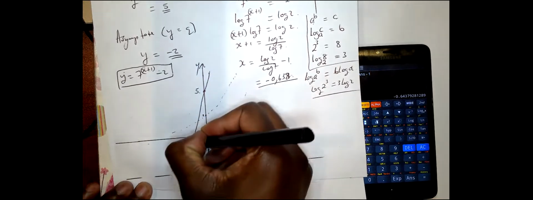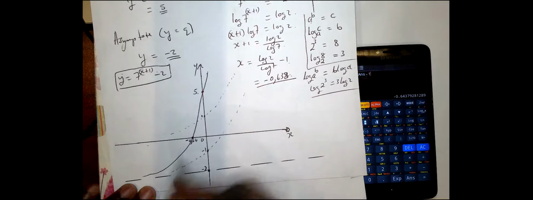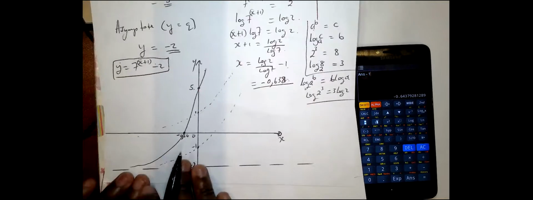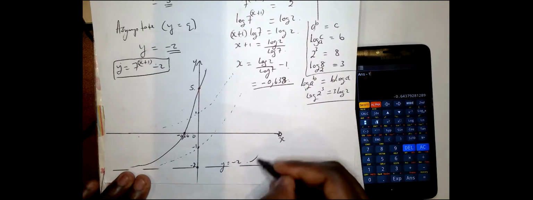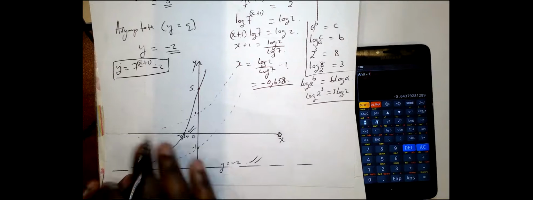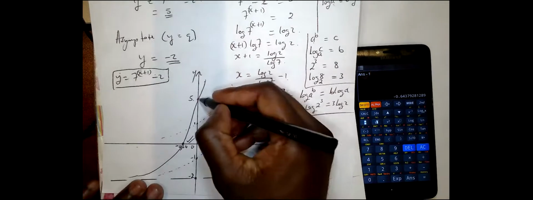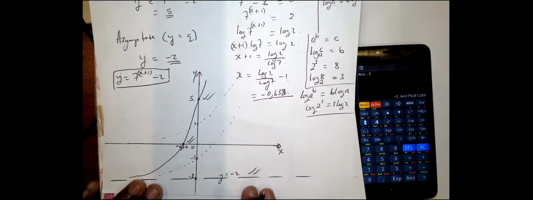What's important here, where you're going to get your marks, is your y equal to -2, your asymptote. After the asymptote, we need the x-intercept, you get your mark there, and we also need the y-intercept.